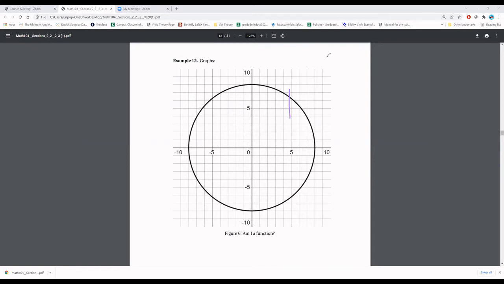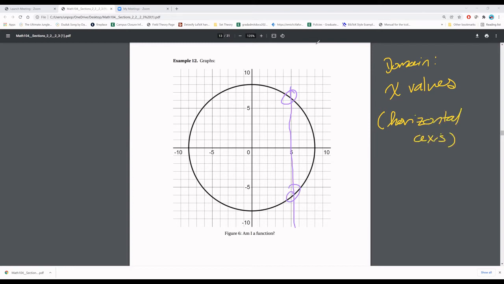Let's consider what's going on here. Why is this not a function? Why does the vertical line test work? When we are reading a graph, the domain is all of the x values. The x values are found on the horizontal axis. So everything on the horizontal axis is part of my domain.